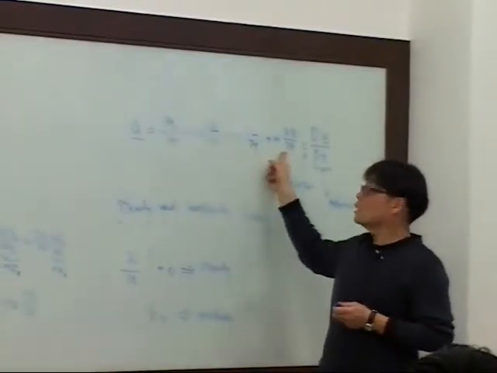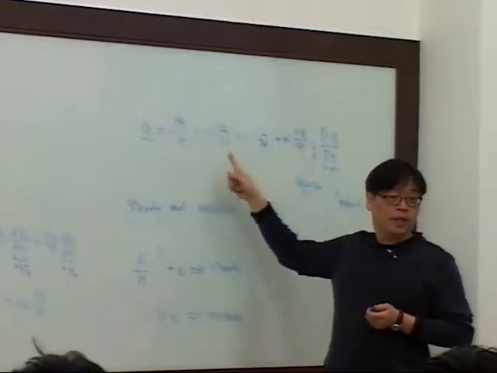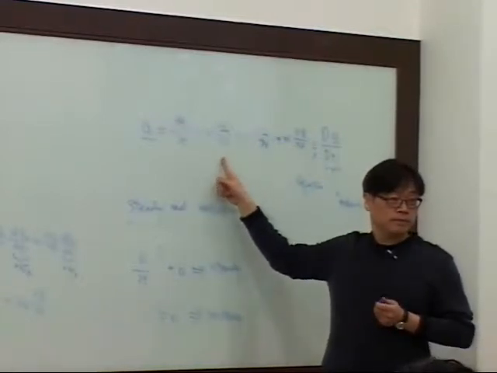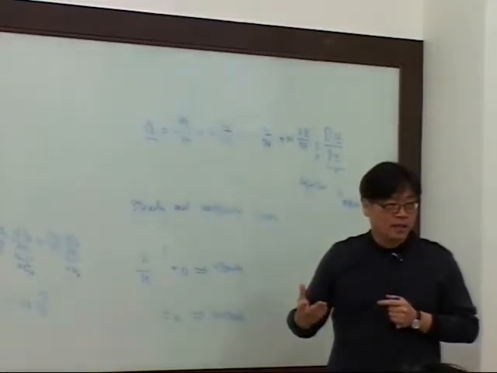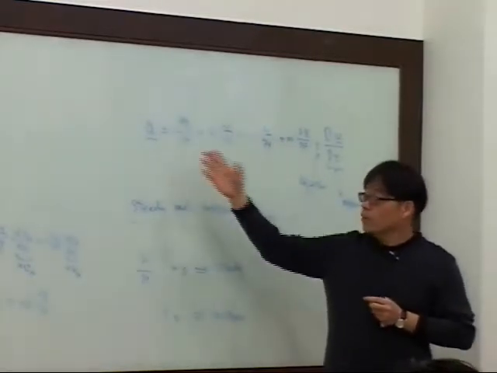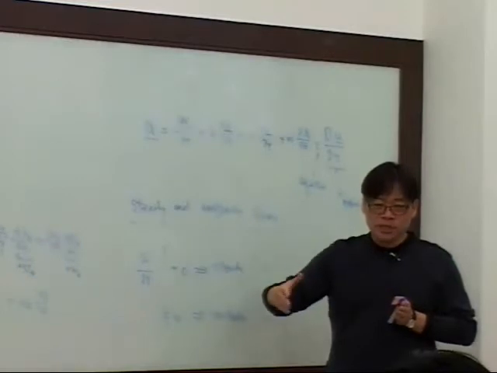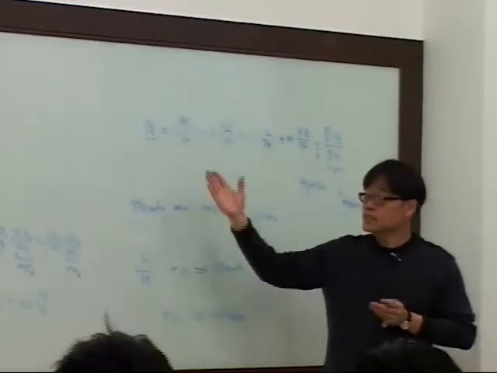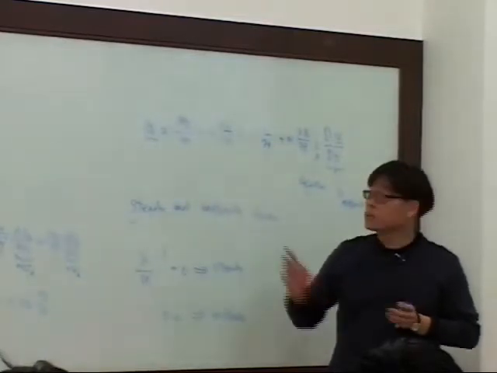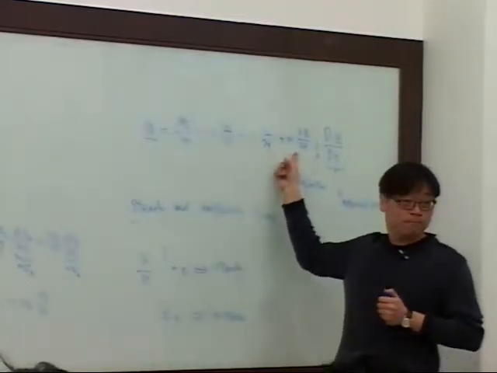But these other terms don't have to be 0. So even though flow is steady, in other words, the velocity field doesn't depend explicitly on time, acceleration is not equal to 0 because these terms don't have to be 0.